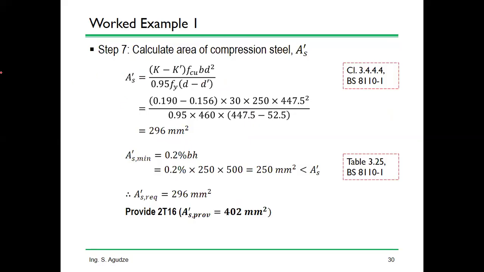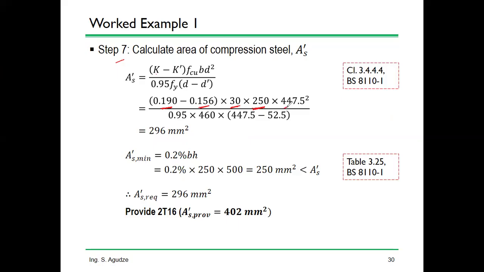So the step 7, you calculate area of compression steel, which is the AS prime. And that one is K minus K prime, FCU BD squared over 0.95 Fy, D minus D prime. So you see we calculated the K. K prime is 0.156. FCU is 30. The breadth of our section, 250.